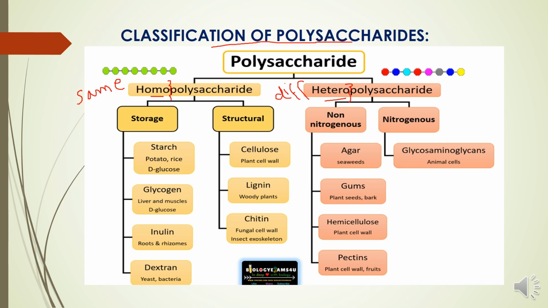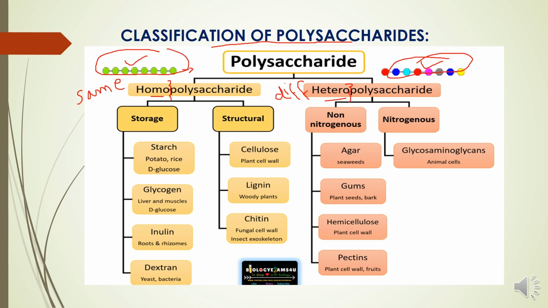There is also a small diagram in which homopolysaccharides are shown by the same color, while heteropolysaccharides are shown by different colors.